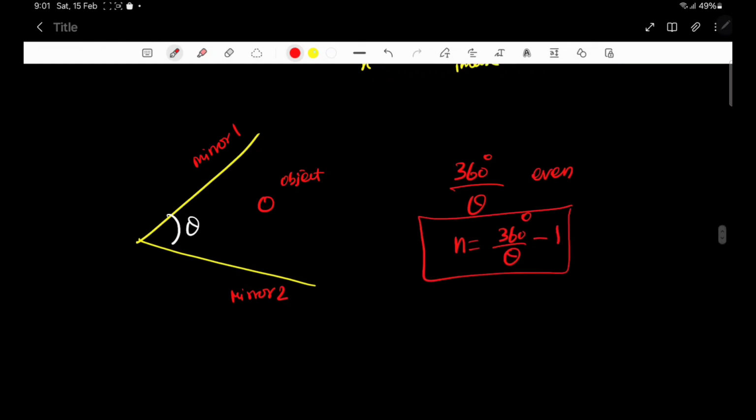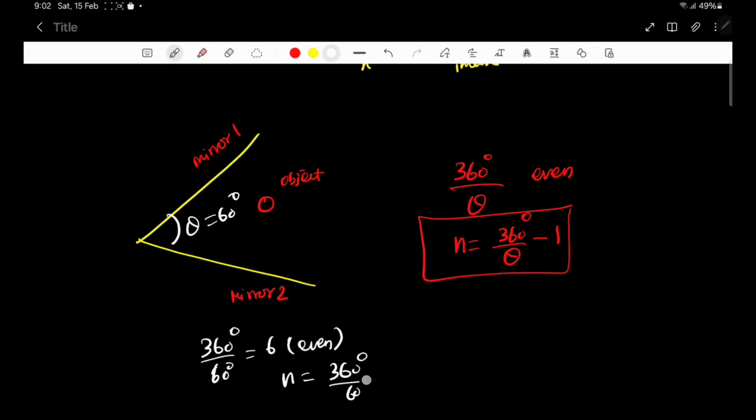For example, if this theta is 60 degrees, then your task is you should find out this quantity first. 360 by theta is equal to 6. So 6 is an even number. If 6 is an even number, the number of images formed is equal to 360 by 60 minus 1, which is 6 minus 1, 5. So the number of images formed is going to be 5 in that case.